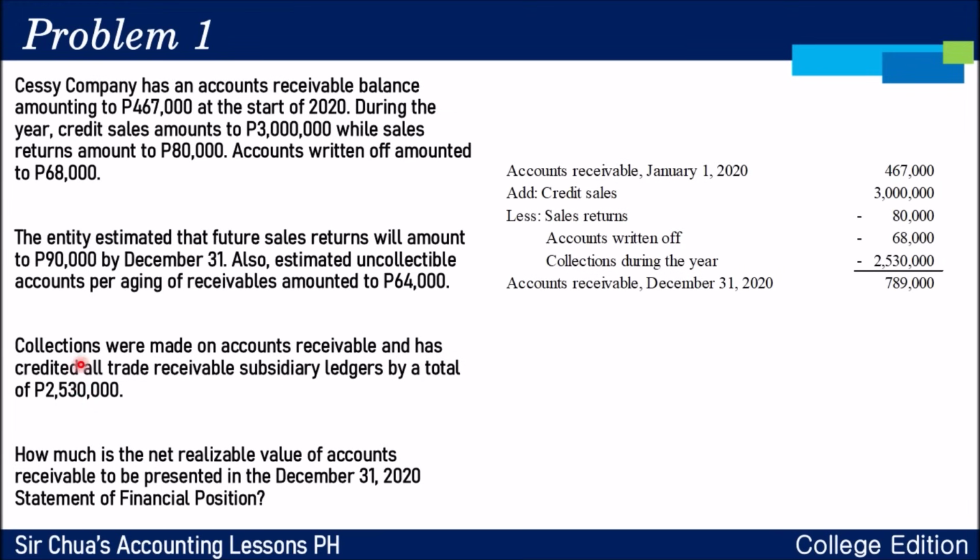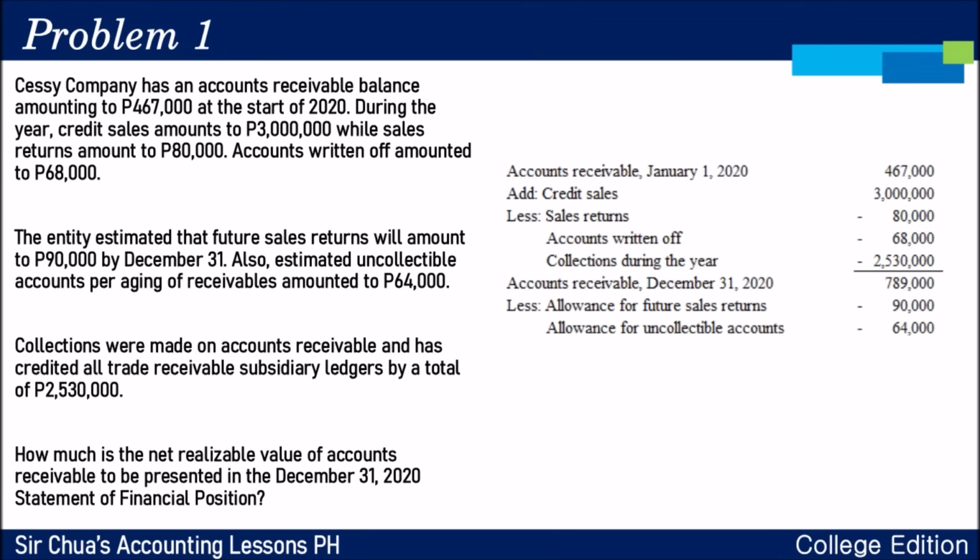The first one is the company has an anticipation of future sales return, which is 90,000. So you need to deduct that allowance for future sales return. And syempre, yung ating pong estimation ng uncollectible accounts, which amounts to 64,000. So the net realizable value of your accounts receivable to be reported in the Statement of Financial Position as at December 31, 2020 amounts to 635,000.